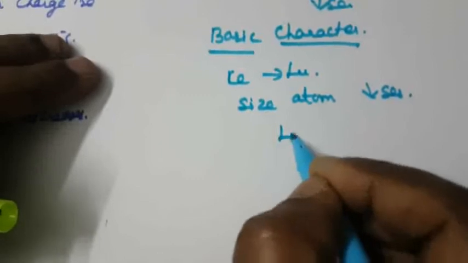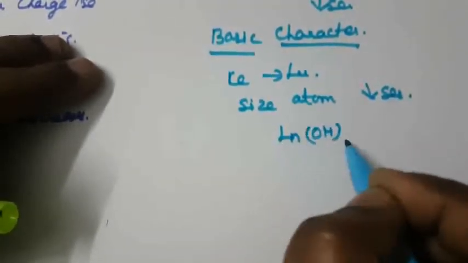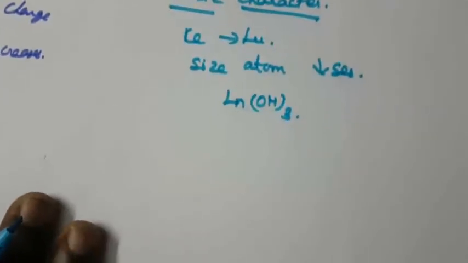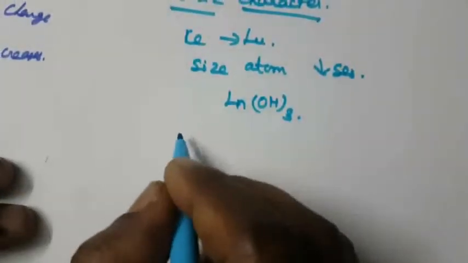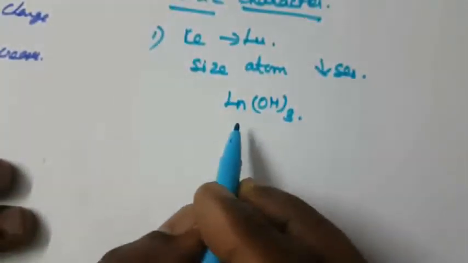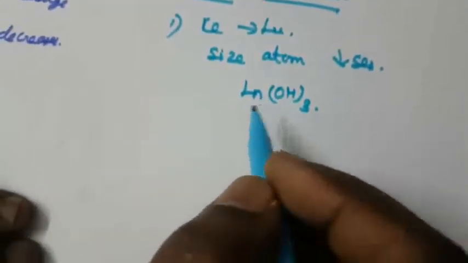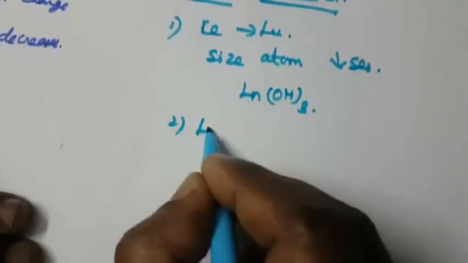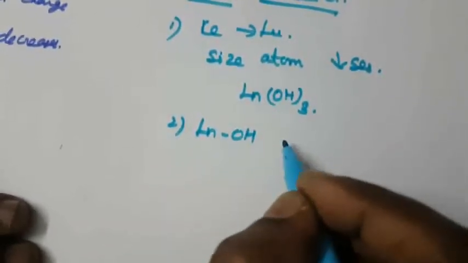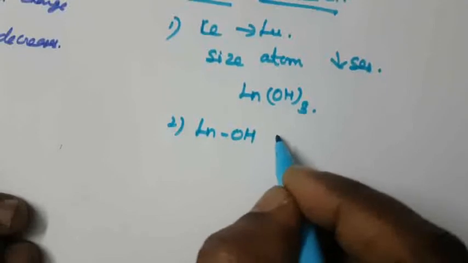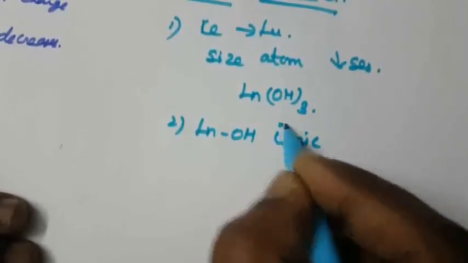The bases of lanthanide are represented as Ln3+. How to explain that? As the size of the atom decreases, that is the lanthanide basic character. Second, for lanthanide hydroxide, it will have ionic character, meaning what will happen?